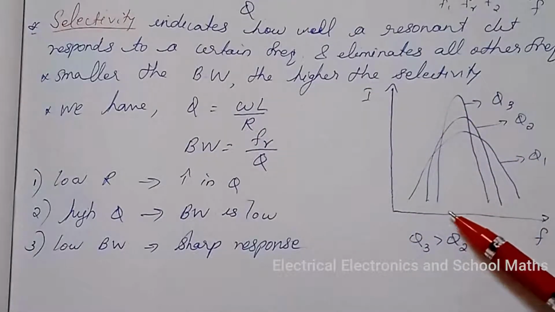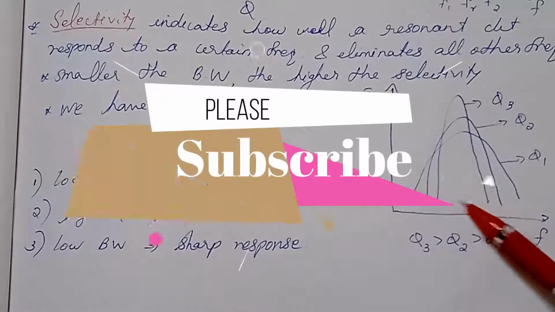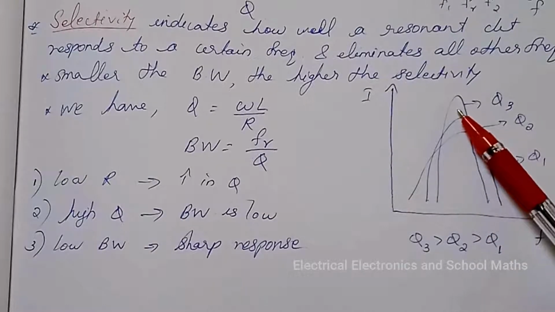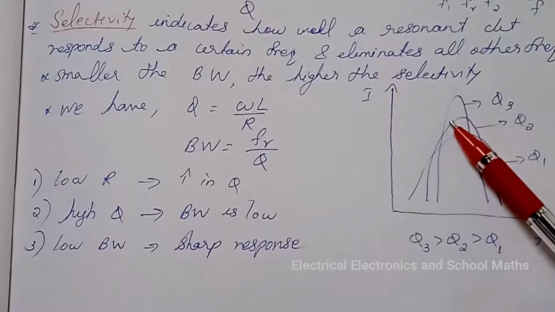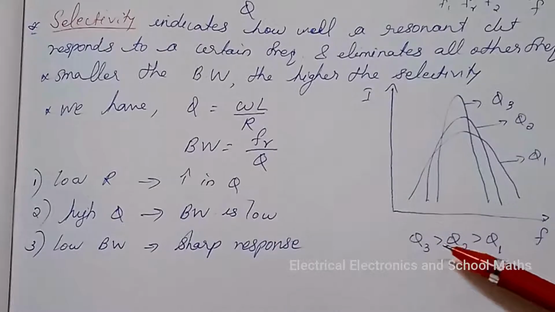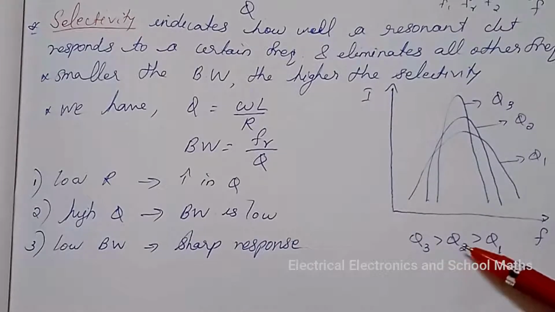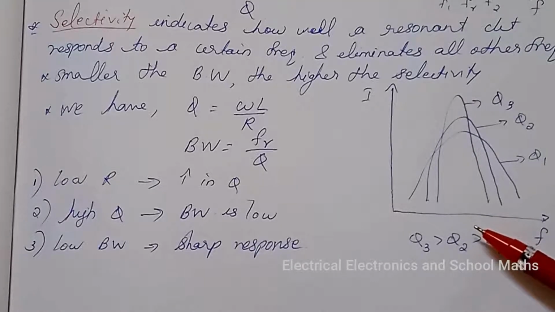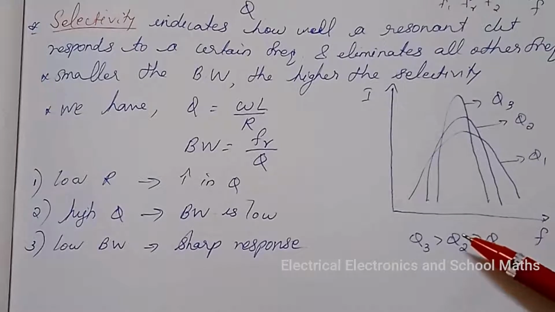And when the bandwidth decreases, we get a sharp response. Therefore, by making Q high, series resonant circuit can be used to select one frequency and reject all other frequencies. A high Q circuit is more selective than a low Q circuit.